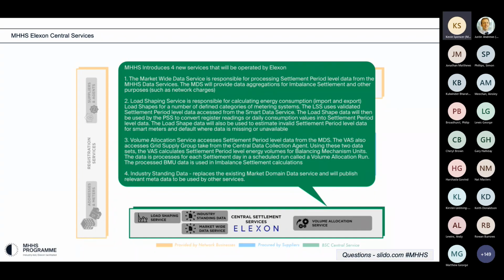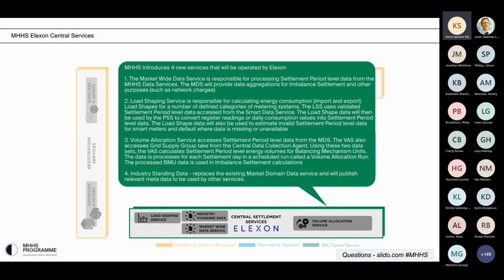So we're introducing 4 new services into Elexon Central Systems. One service looks very much like the existing supply volume allocation agent, but it will be new software. But starting at the top, the market-wide data service. Initially, this will just look like another data aggregator.